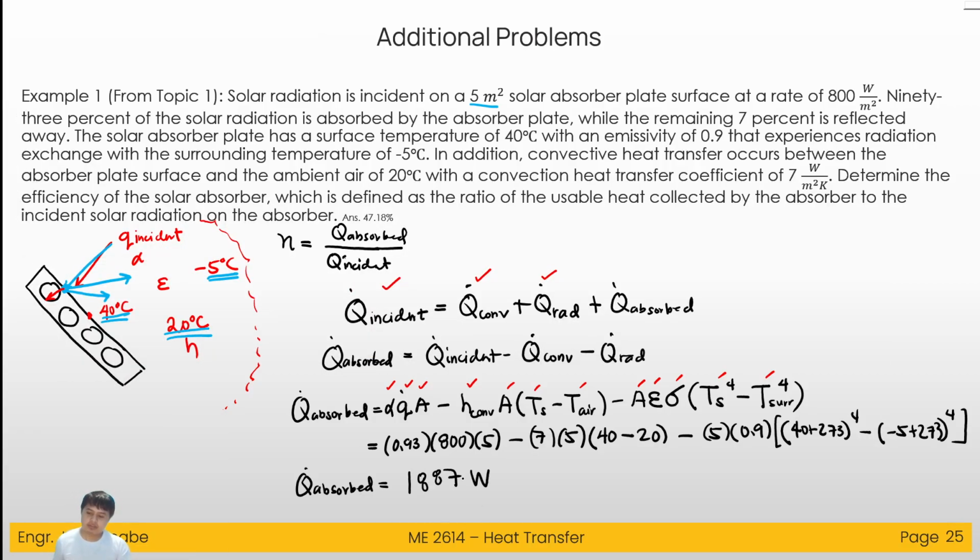So that's it. So we have the Q absorbed, but we forgot, no? So this should be the efficiency. To find the efficiency, you just divide this 1887 watts by the incident. So the incident radiation is actually not really this, no, since this is with absorptivity.